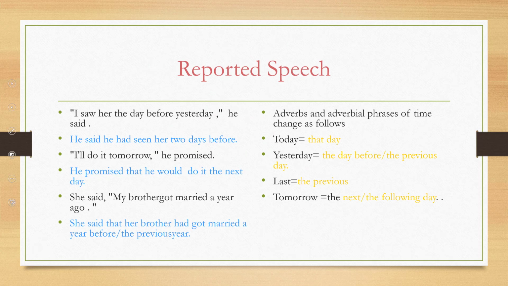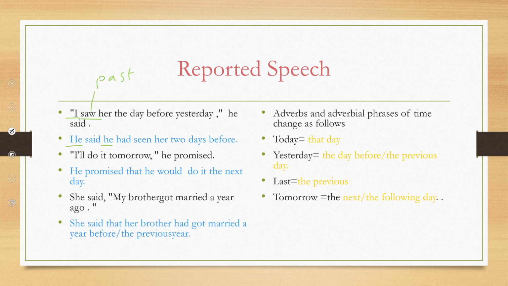Now, look at these examples as well. I saw her the day before yesterday. He said, look, I is changed into he. He said that he. So, it's past simple.